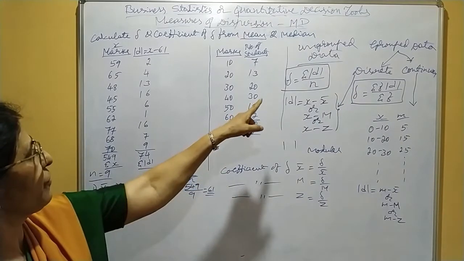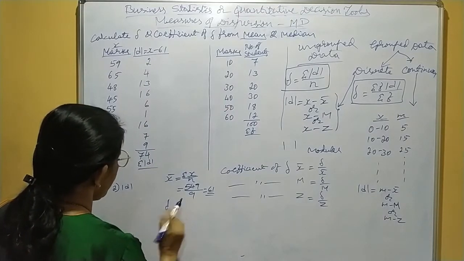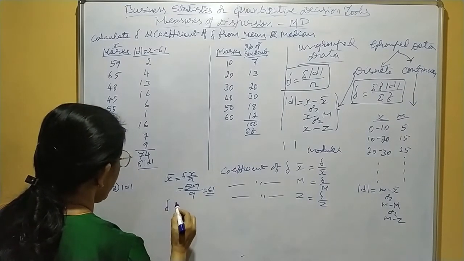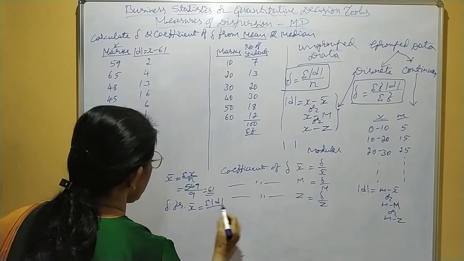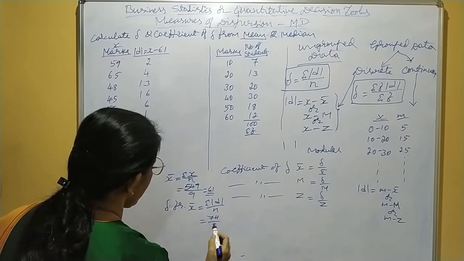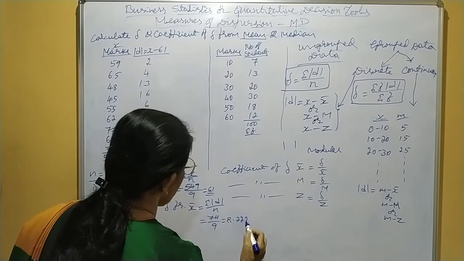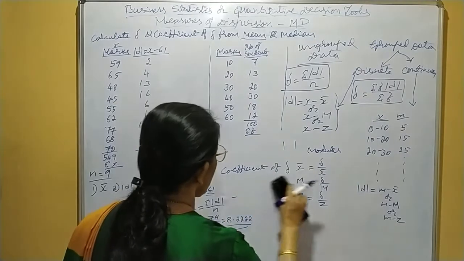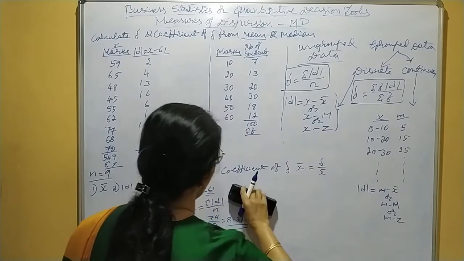Okay. Now we have to find out mean deviation from mean, that is mean deviation from mean equals sigma modulus D divided by n. Sigma modulus D is how much? 74 divided by n, 9 equals 8.2222. This is mean deviation from mean. Next, we have to calculate coefficient of mean deviation from mean.